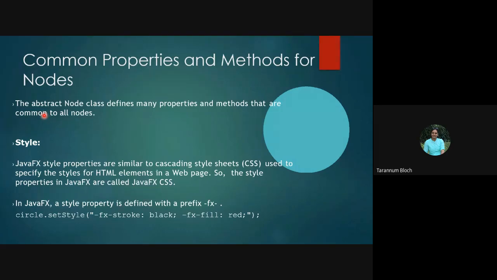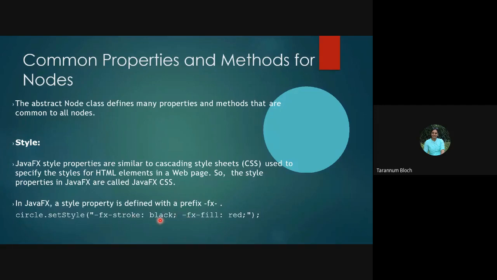If you look at the example, I want you to focus on the last line. What we have written is circle dot setStyle, dash fx dash stroke colon black, dash fx dash fill red. Here fx refers to JavaFX technology, and when I say circle stroke, I'm talking about the circle's outline, the border of the circle.